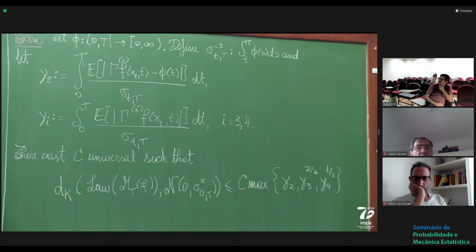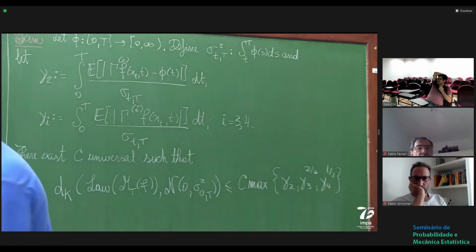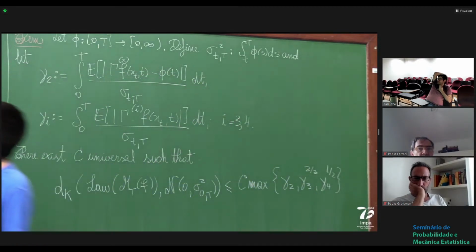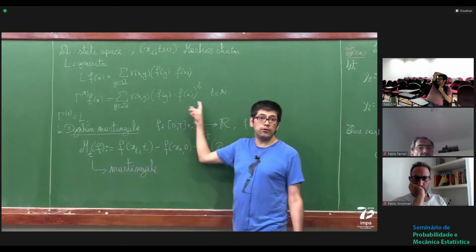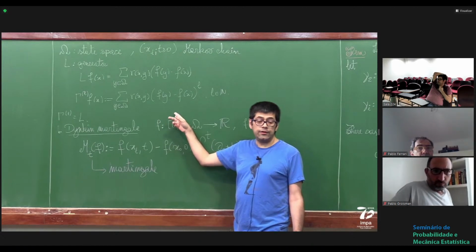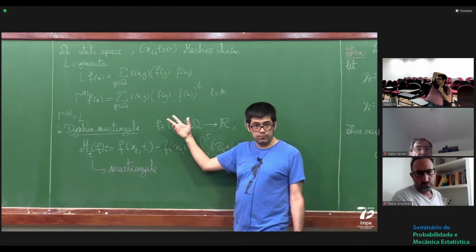Yes. The question was that in the definition of gamma 3 there is no absolute value here. So in particular, there could be cancellations, and these cancellations could be useful to get better bounds.